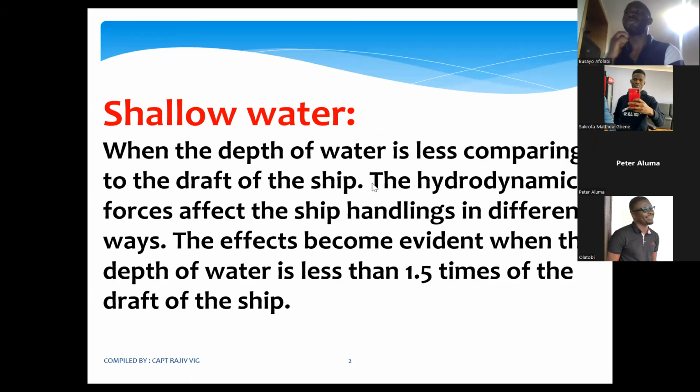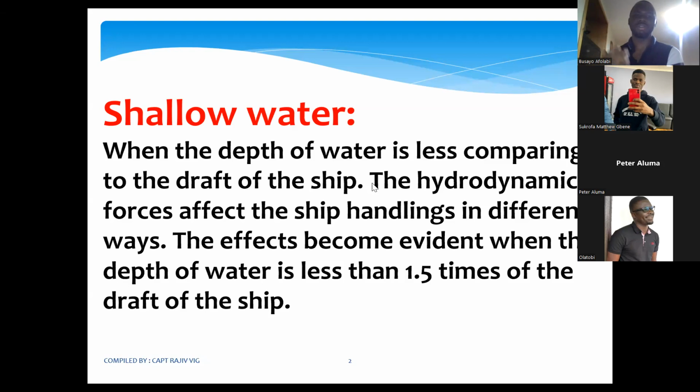For instance, if a big LNG vessel is coming into Onne Port, Tincan Island, Lagos, or the Strait of Gibraltar, or any shallow place or narrow channel, the effect will depend on the size of the vessel. This is something we need to take note of when approaching shallow waters.